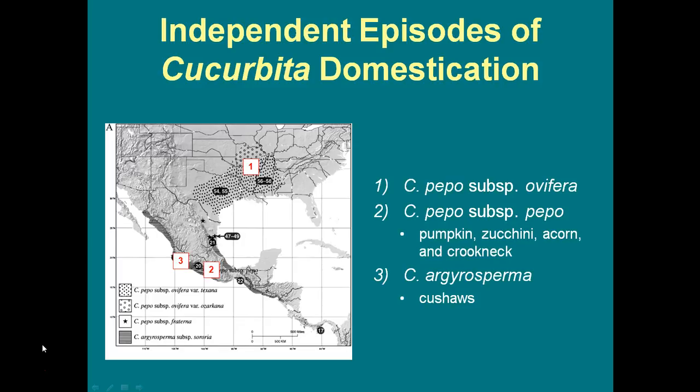There were several independent episodes of domestication of squash, genus Cucurbita. And as Smith discusses in the article, the domestication of Cucurbita pepo in the eastern woodlands was of a variety called subspecies ovifera, whereas the domestication of Cucurbita pepo in Mexico was a different subspecies, Cucurbita pepo pepo.